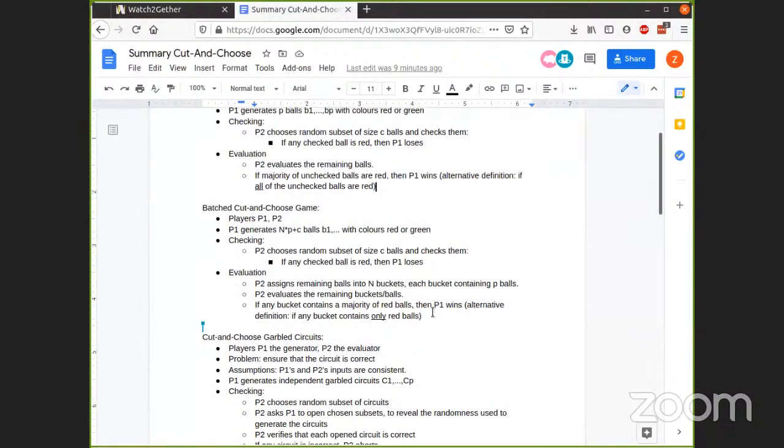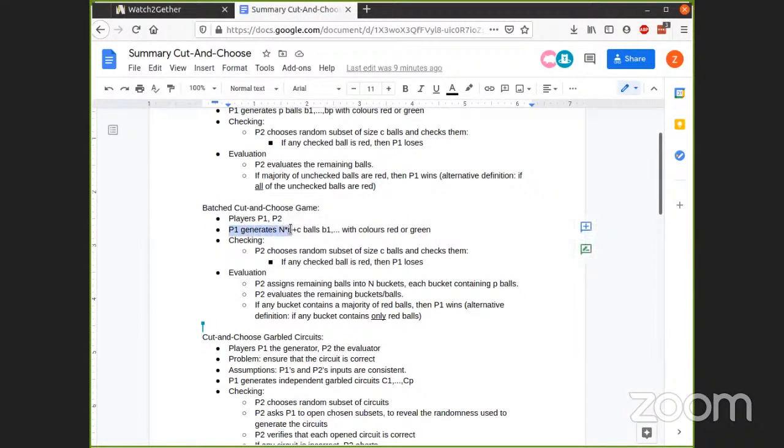Yeah. In the book, they also talk about batching this game, and that's quite useful, as they explain in the book. But what you can do is, if you evaluate the same function n times, you could, for example, batch this game.